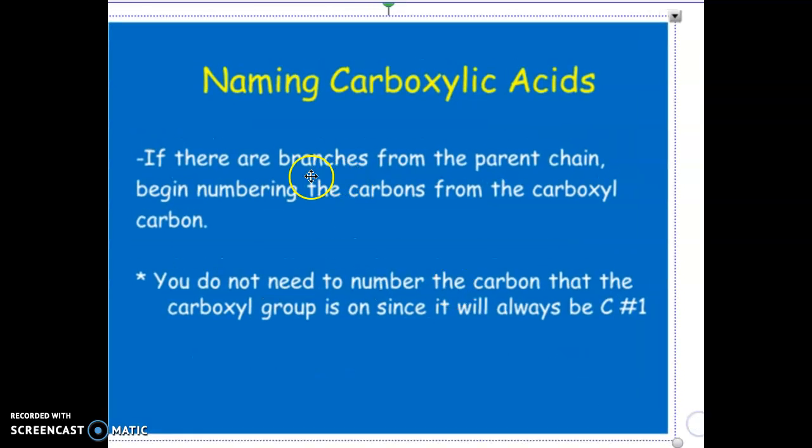Okay, so what happens if there are branches coming off of that carboxyl chain? You don't need to put the number 1 for the carboxyl, but of course you'd still have to number everything else. Let's do an example.